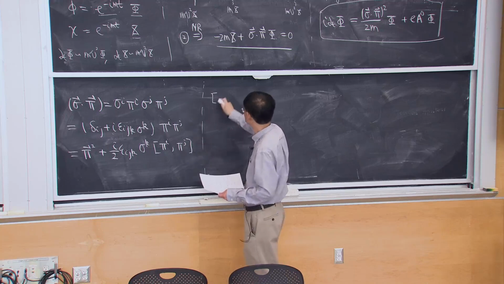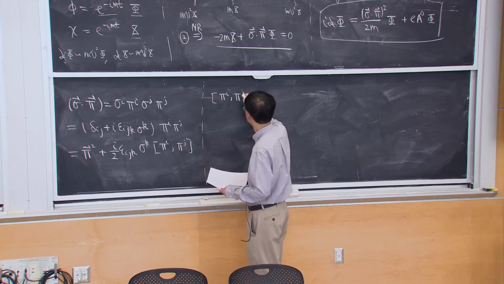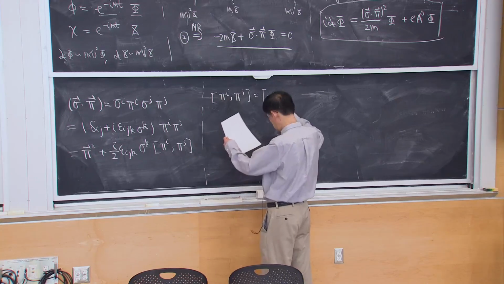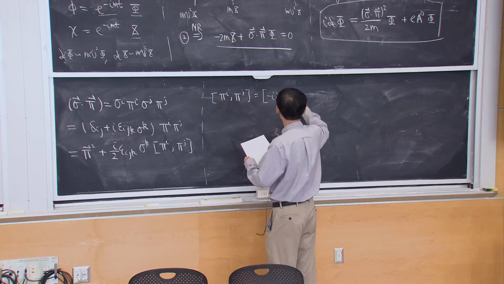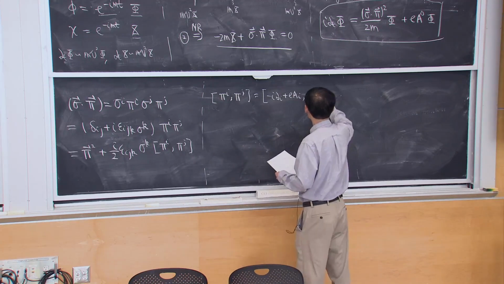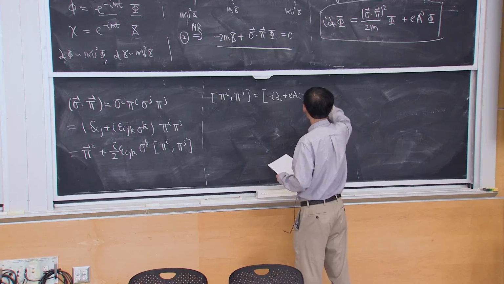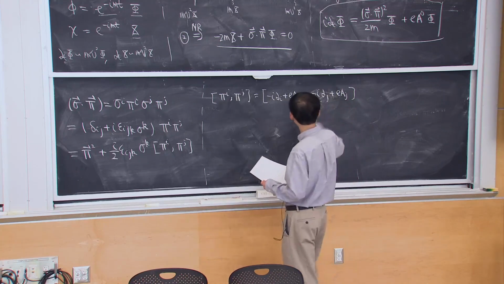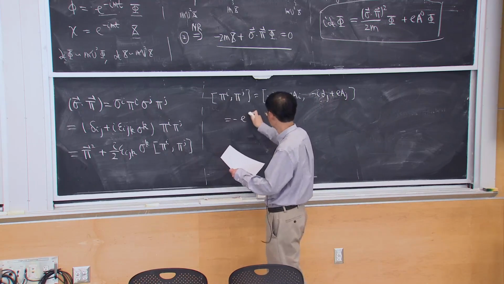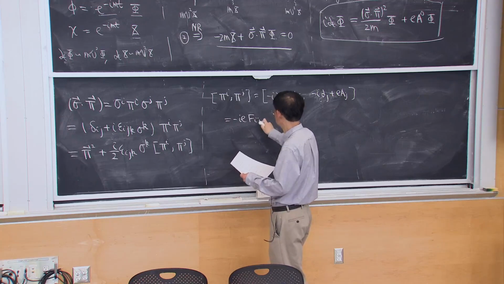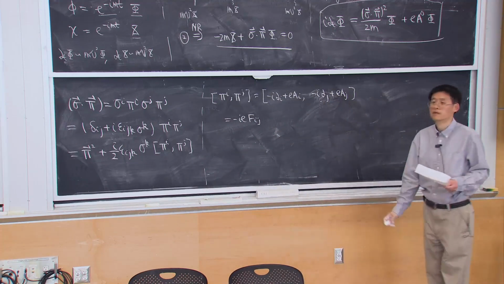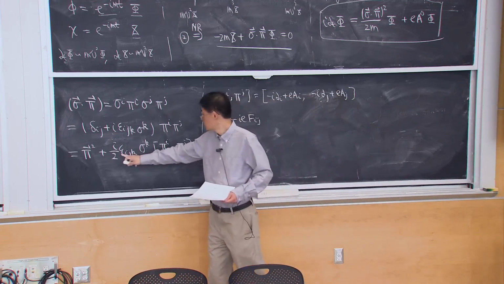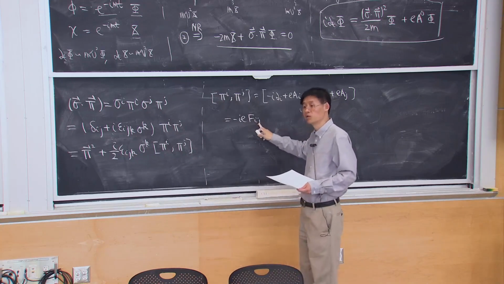Now it's easy to calculate the commutator of pi i and pi j. This is minus i partial i plus eA i, and minus i partial j plus eA j. If you calculate the commutator, you just get minus i e F ij. Now if you plug this F ij in here, epsilon ijk times F ij, what do you get?